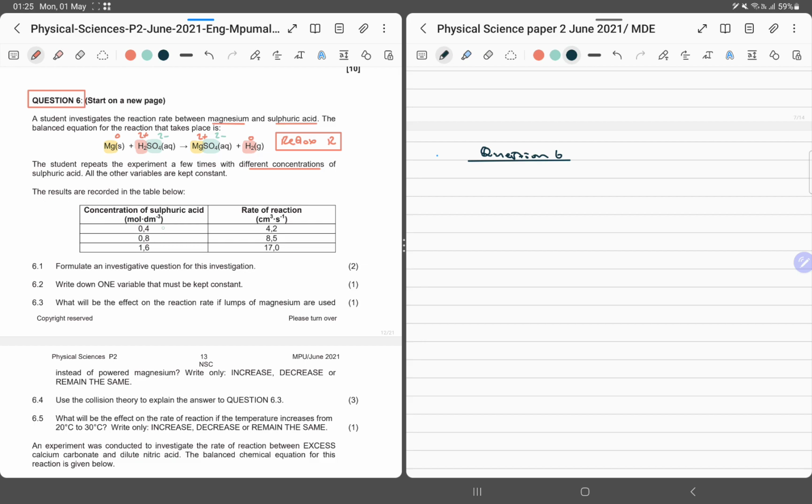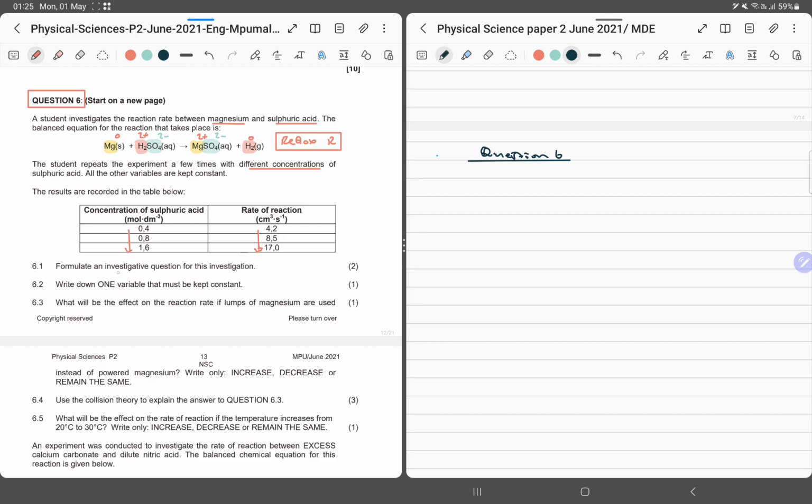Concentration of sulfuric acid 0.4 mole per decimeter cubed, the reaction rate is 4.2, and you can see here, as we increase the concentration of the sulfuric acid, so does the reaction rate, it increases. So it's a linear relationship. It's a straight line through the origin. It's a direct proportionality, if you were to ask me.